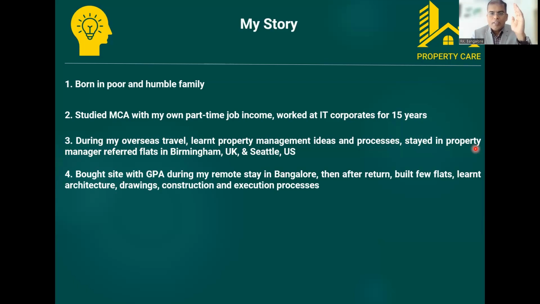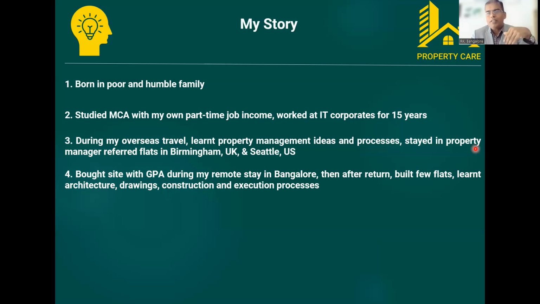When I stayed in the US, I had given a GPA to another advocate in Bangalore, and he purchased a site for me. When I visited during my vacation, I finalized the property and gave a GPA to my friend, who is a lawyer here, and he did the registration on my behalf.